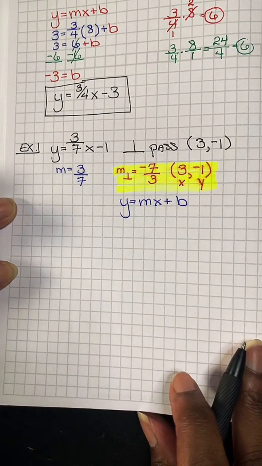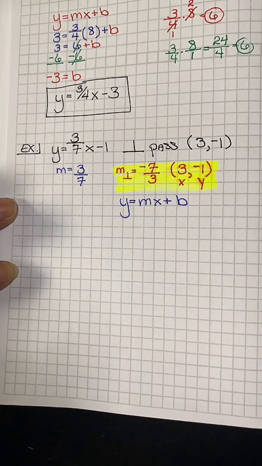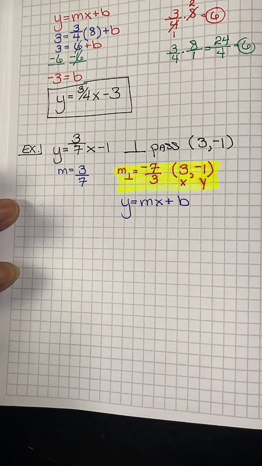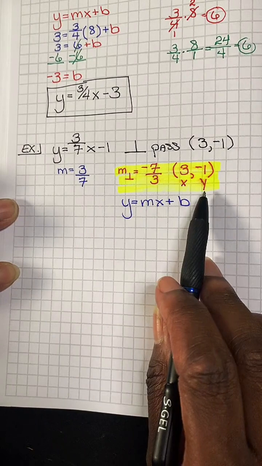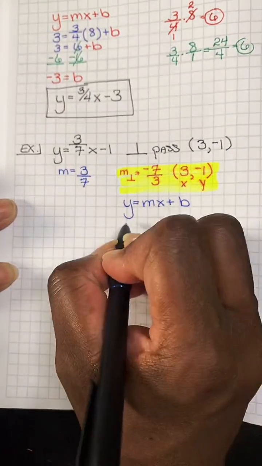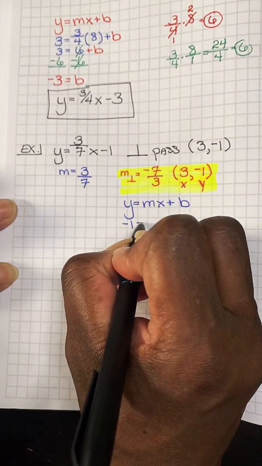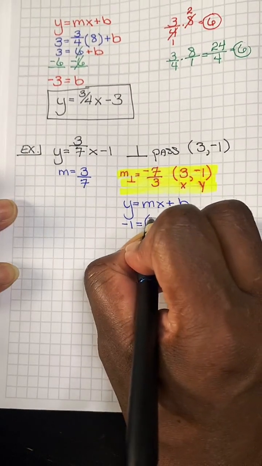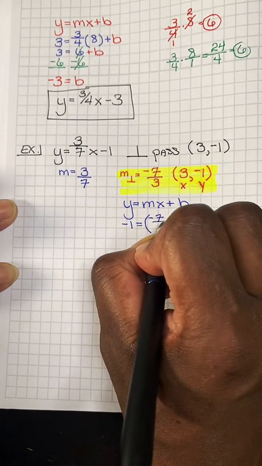All right. So my y is going to be -1. My m is going to be -7/3.